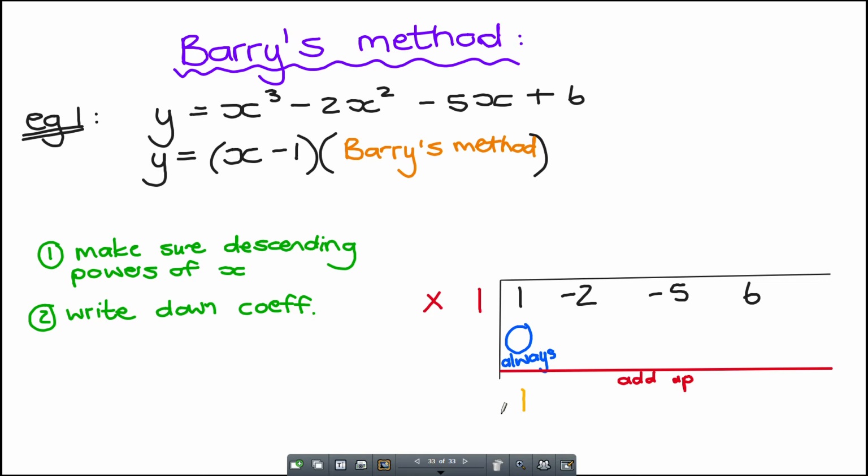I'm going to take this one and multiply with what's in here, meaning times 1. So it's going to be 1 times 1, and that gives me 1. Now I can add up: minus 2 plus 1 will give me minus 1.